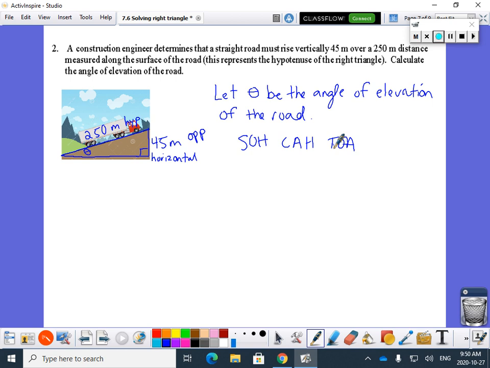We have O. And we have hype. So sine. Okay, we're going to use sine. So sine theta is what we want, equals op over hype. Sine theta, op is 45, hype is 250.